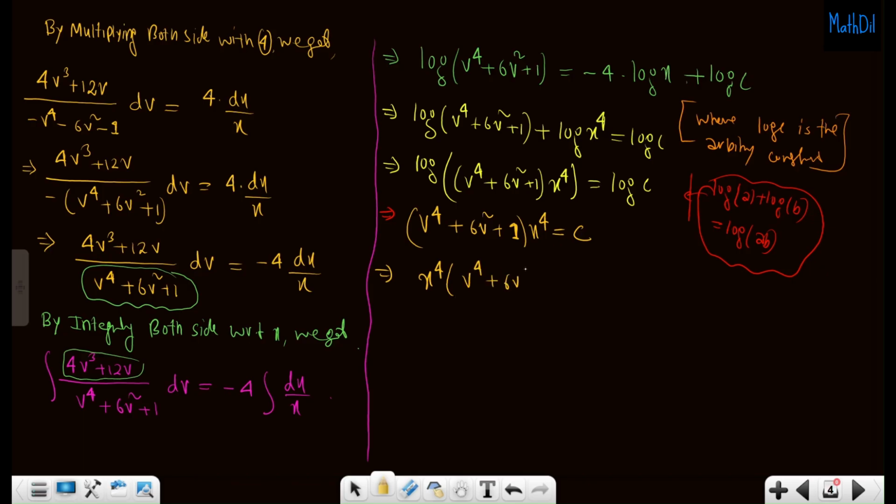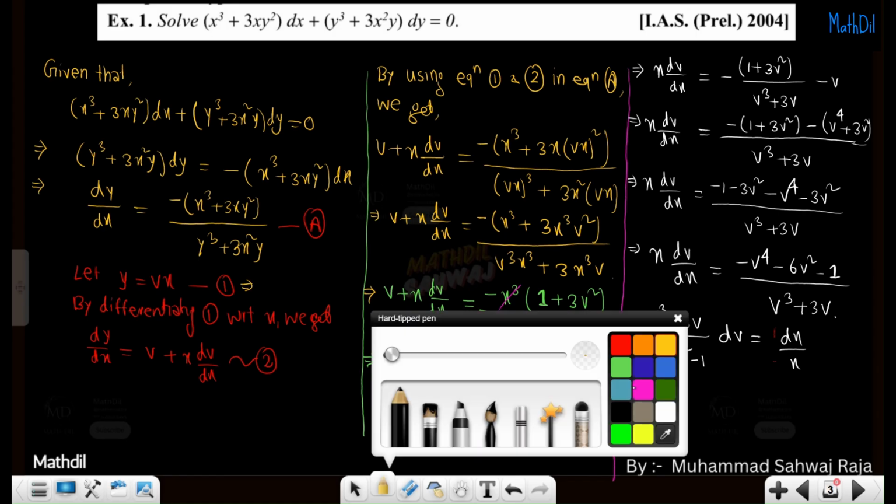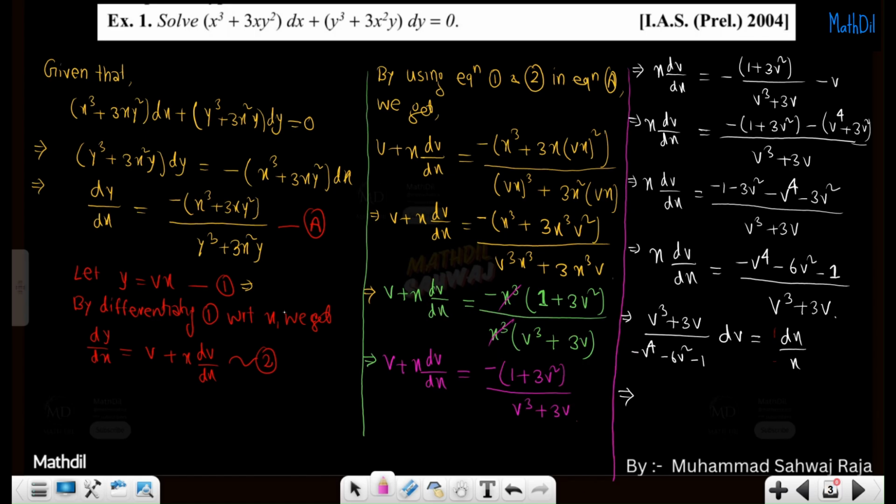But students, see, there is still the solution remains incomplete. Why? Because we have to put the value of v, right? So from where will we get? So see, from equation 1, what is given? That y equal to vx, right? So if y equal to vx, it will imply v will be equal to y by x, right?